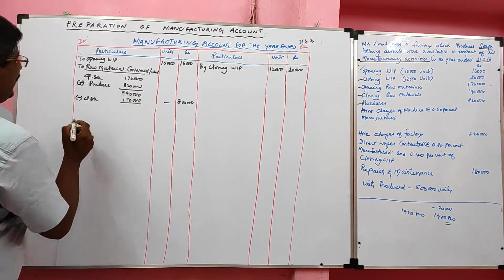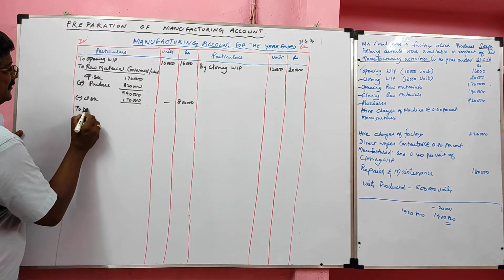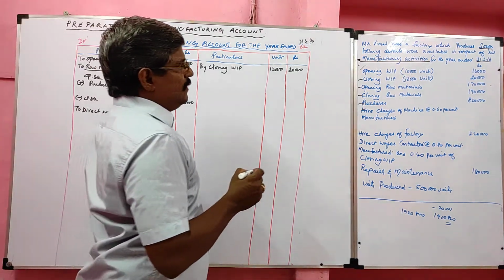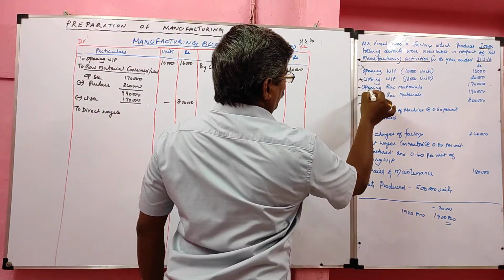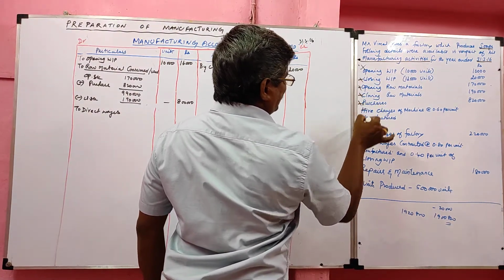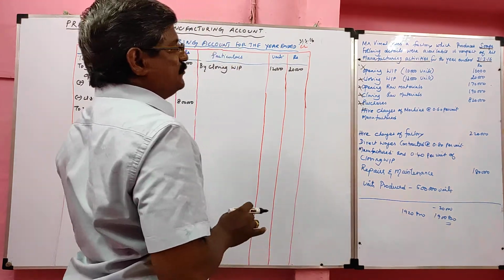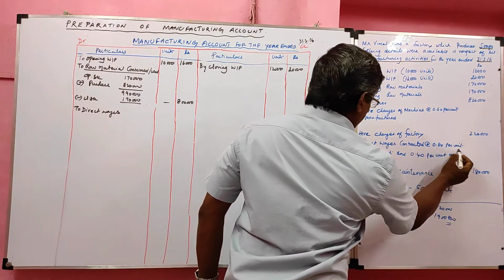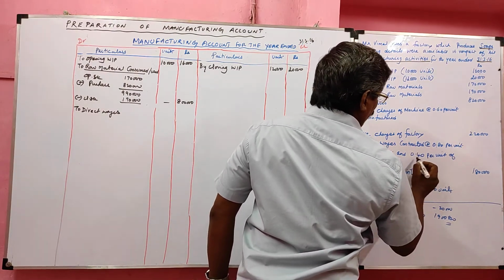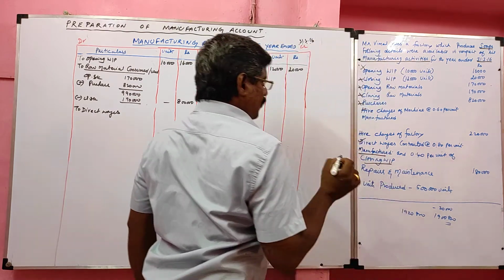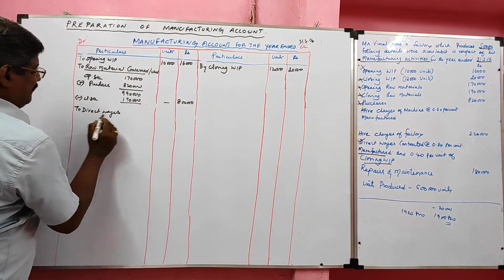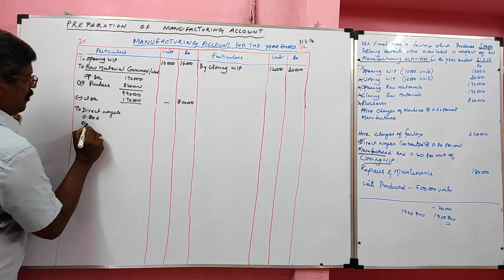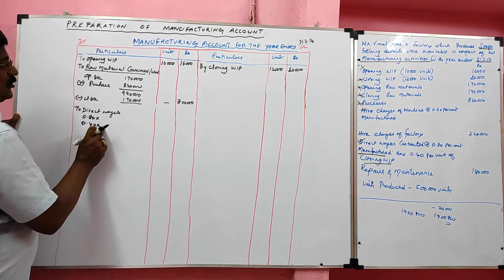Then we have to record direct wages. So opening work in progress, closing work in progress, opening raw material, closing raw material, purchases are taken. Now we have to take direct wages. Direct wages are calculated at 80 paise per unit of goods manufactured and 40 paise per unit of closing work in progress.